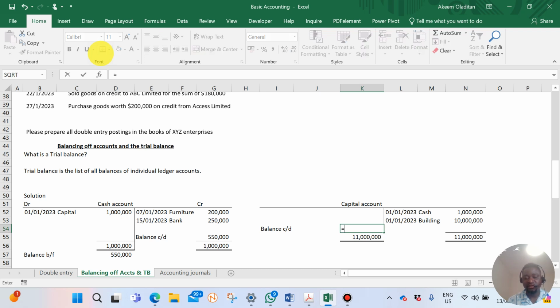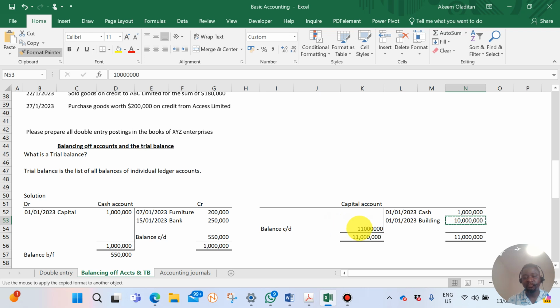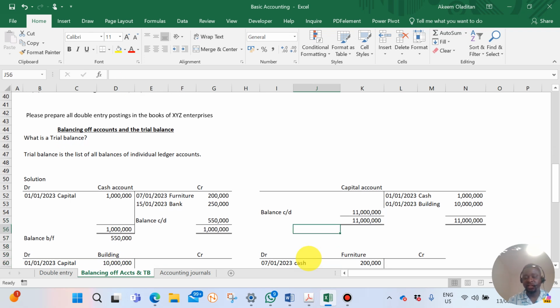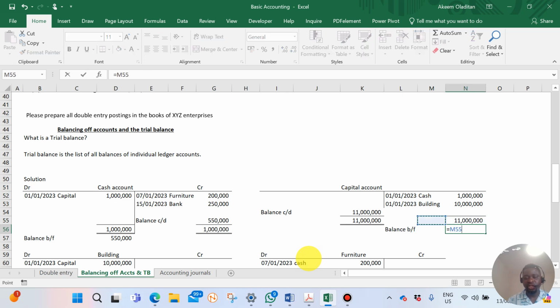It's the same balance of 11 million dollars. That balance on this side will now be balance brought forward, like I said earlier on. The same value will come here, so the balance of the cash account.